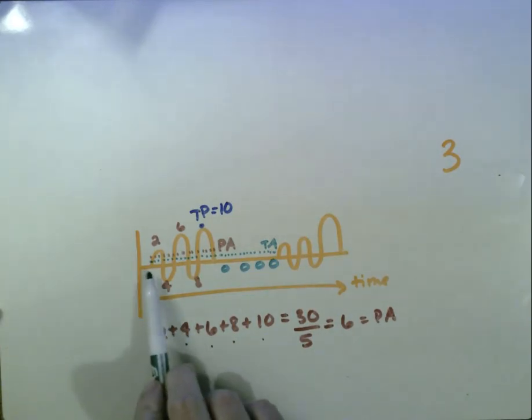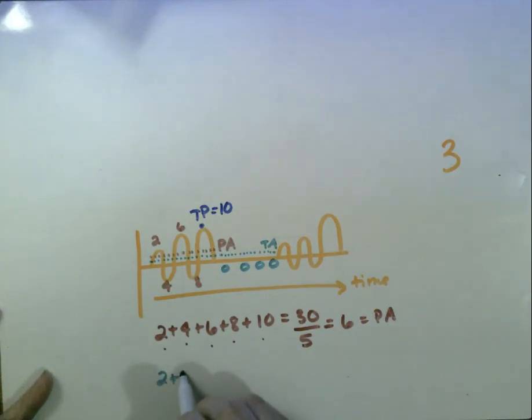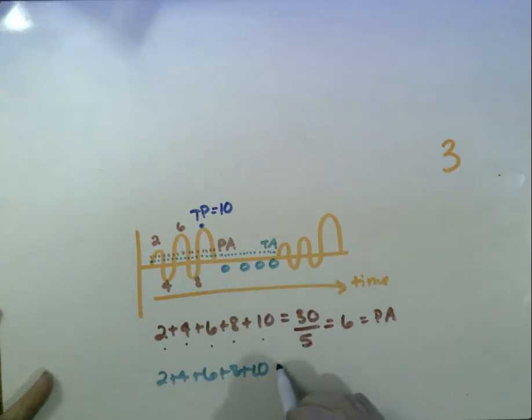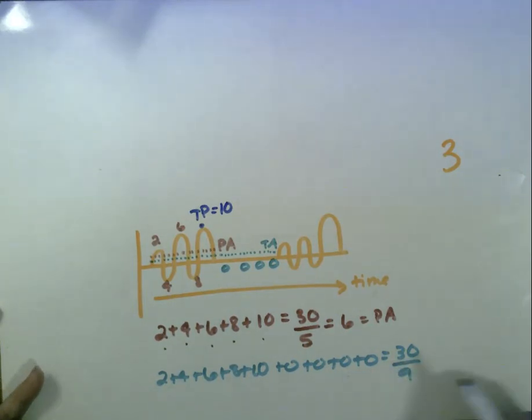If we wanted to do our temporal average, we would do the same thing. We would take our 2 plus 4 plus 6 plus 8 plus 10, but now we have to add in our zeros. So we did 4 more measurements of 0. So that all still equals 30, but now we are going to divide it by 9.